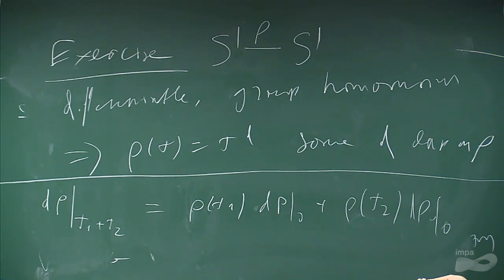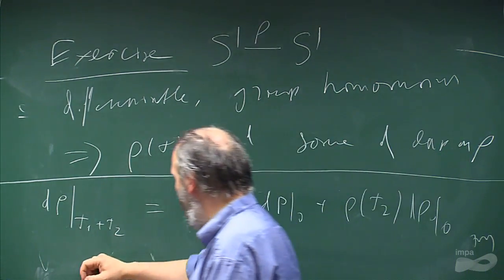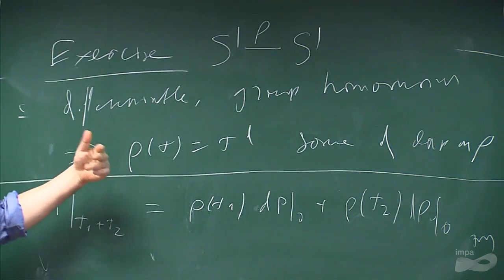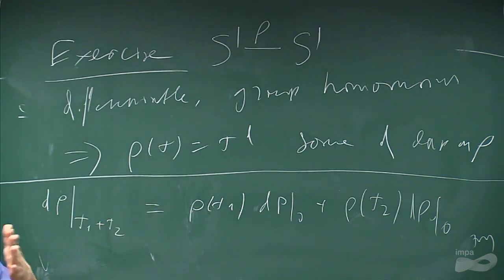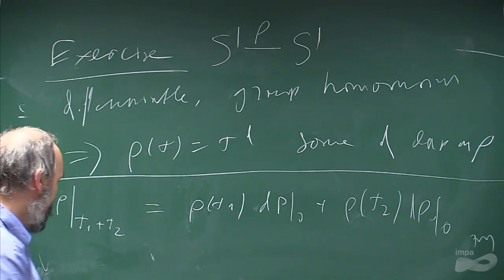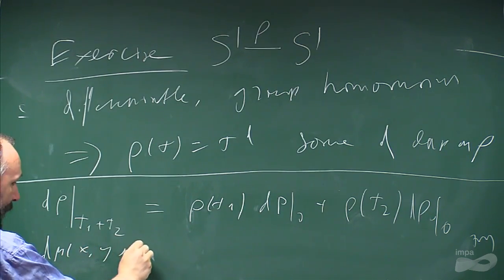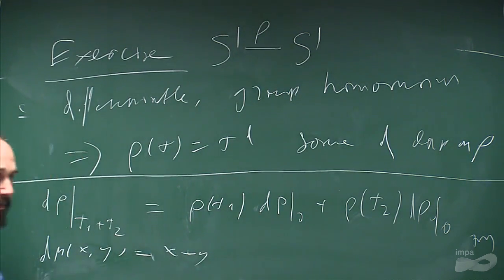This is just the group law, and the derivative of the group multiplication is just 1. I mean, d of mu of x, y is x plus y.